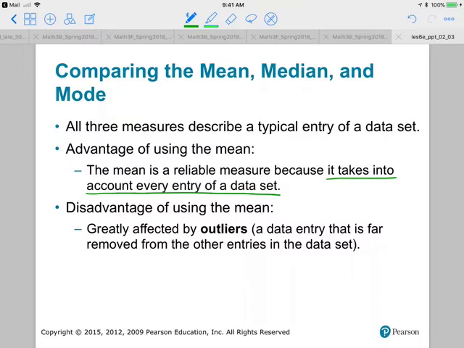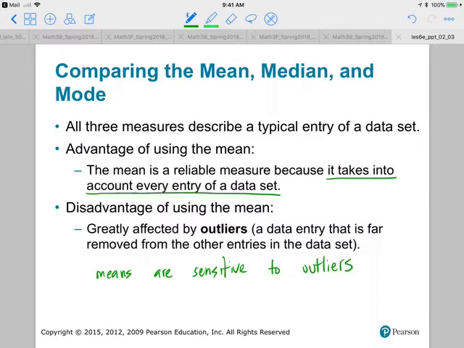So it's like every single entry has a voice. No one's left behind. Here's a disadvantage: means are sensitive to outliers.